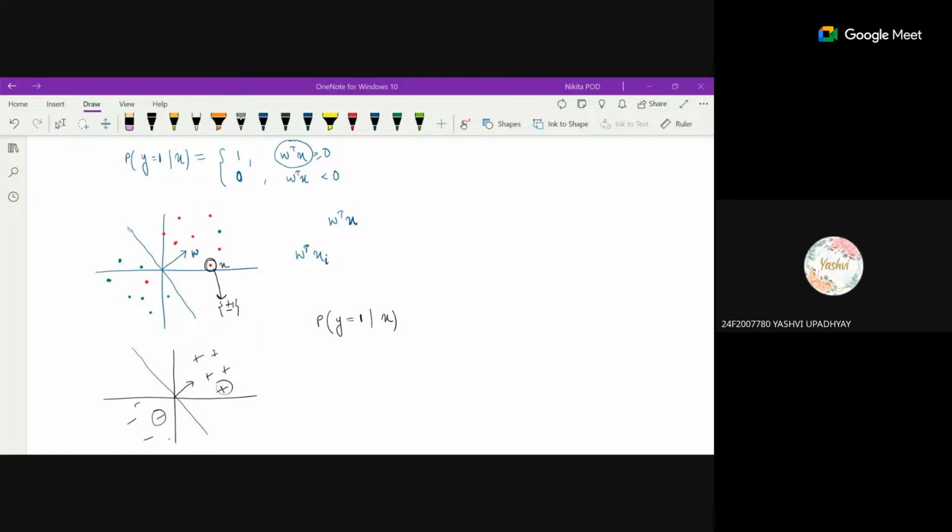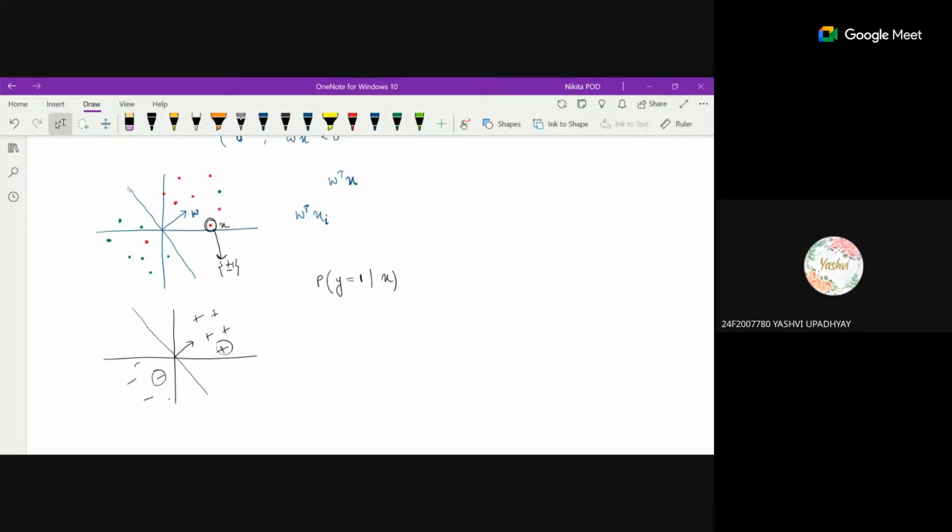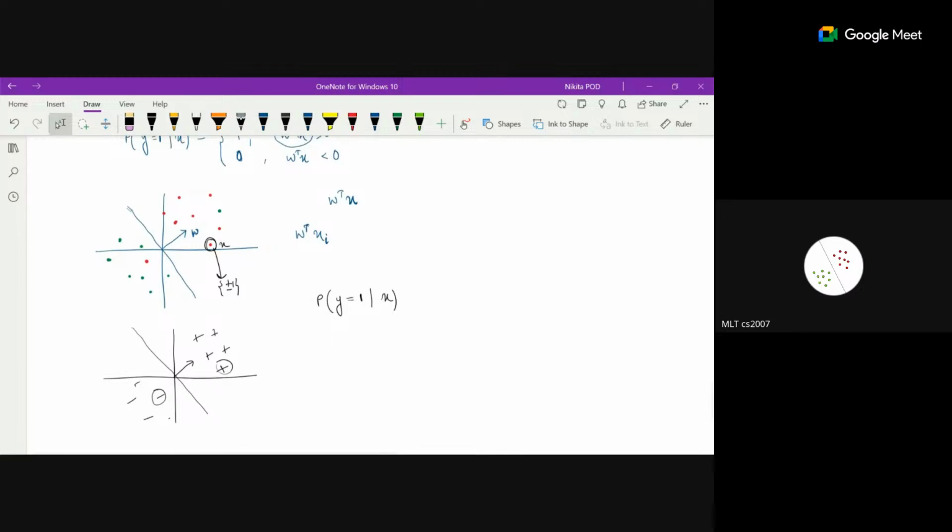Yeah, 1 by 1 plus e to the minus x. So the sigmoid function is g of z equals 1 upon 1 plus e to the power minus z. This function will always lie between 0 and 1.